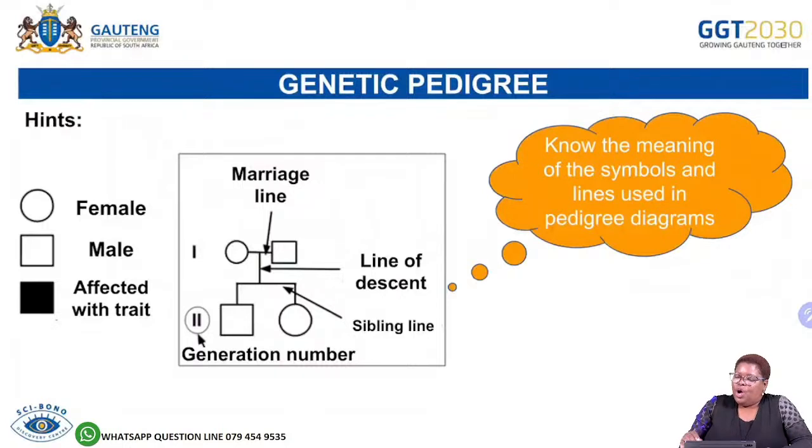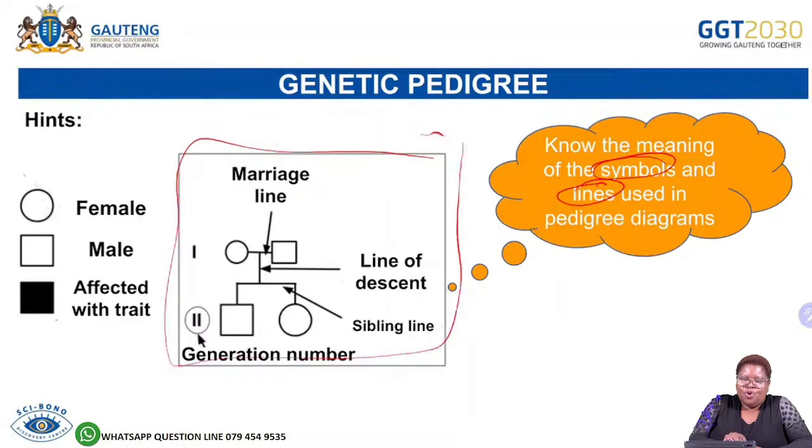Now, you need to know the meaning of symbols and lines used in a pedigree diagram. By the mere fact that you are given this diagram, by now you know what this represents. This is a male, female not affected, male that is affected. Yes, we'll be giving you the trait in the exams. Right, let's explain the lines. This line means marriage line.